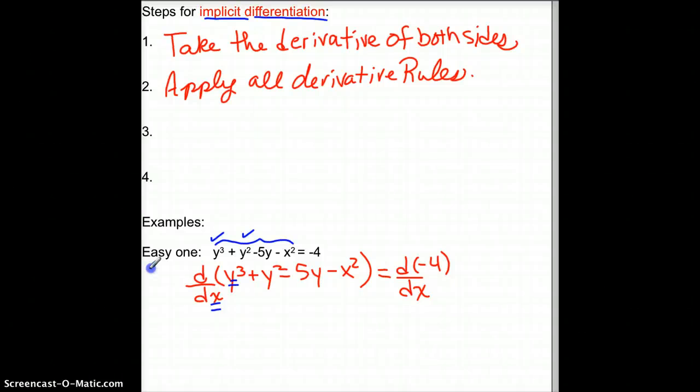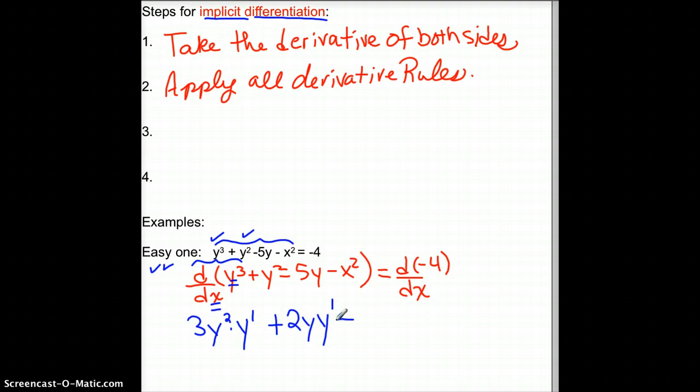So down on the bottom here, if I were to do step 2 on this one, I'd apply all my derivative rules. I'd take the derivative of y cubed with respect to x, which would be 3y squared times the derivative of y, or again, I'm chain ruling it. So we're going to go to the easier notation, which is to just use y prime. Then with sums and differences, I just do them separately and add them up. The derivative of y squared would be 2y y prime.